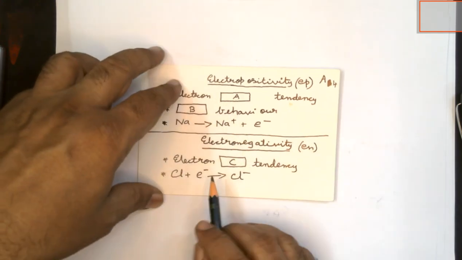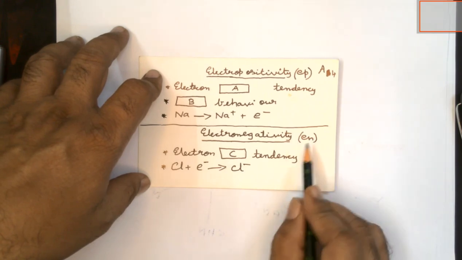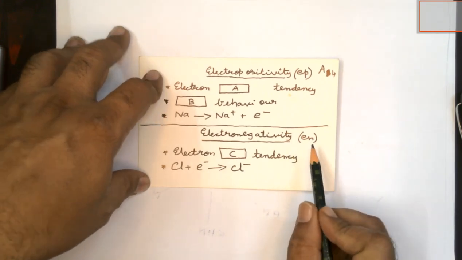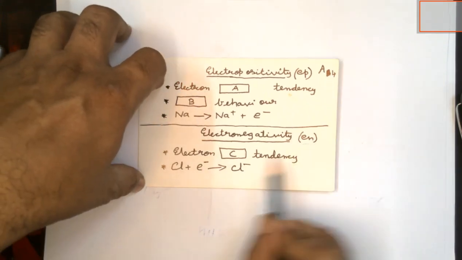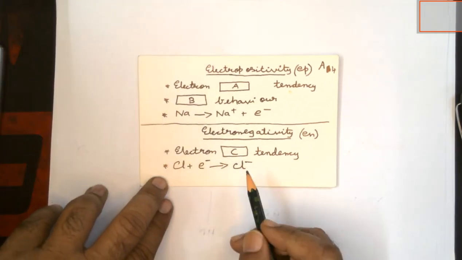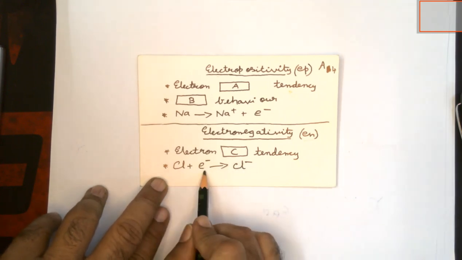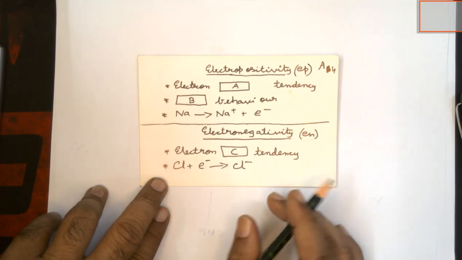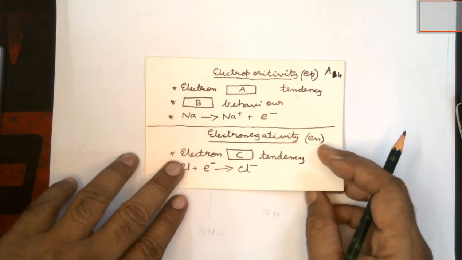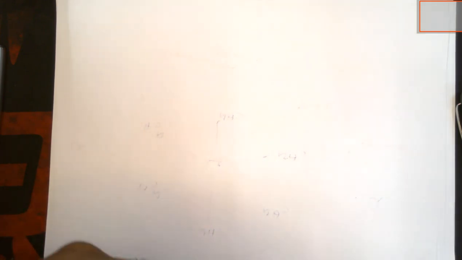And what about electronegativity? It is represented by the abbreviation EN. Now you have electron withdrawal tendency. So chlorine withdraws an electron, accepts one electron to become what? Cl minus. So this is electronegativity.